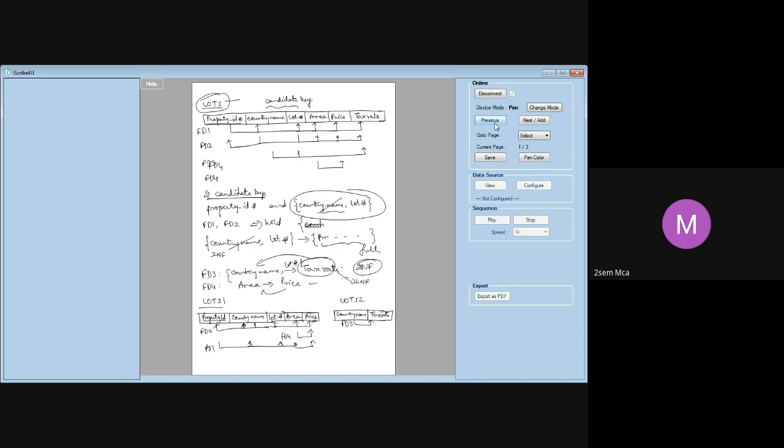When we come to 2NF, this table lots is not in 2NF because FD3 violates the 2NF. Why does FD3? FD3 states what? Country name and lot number determines your tax rate.